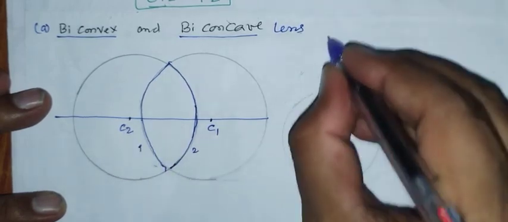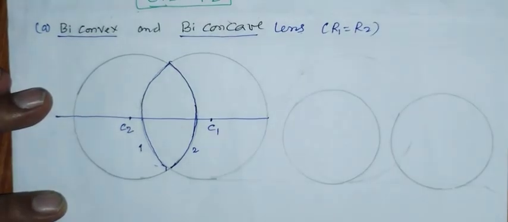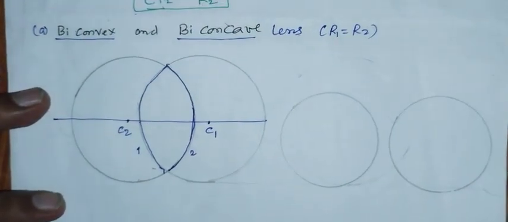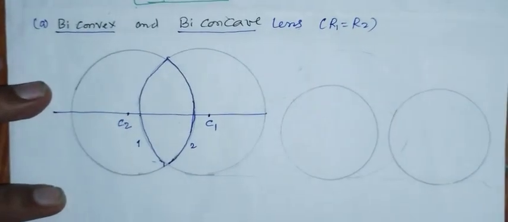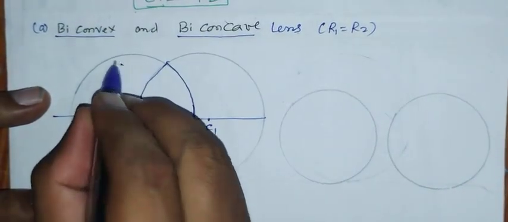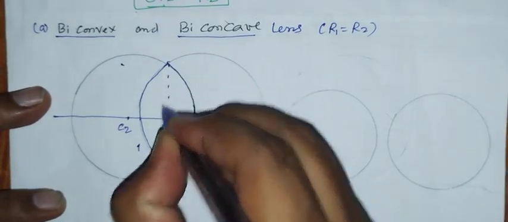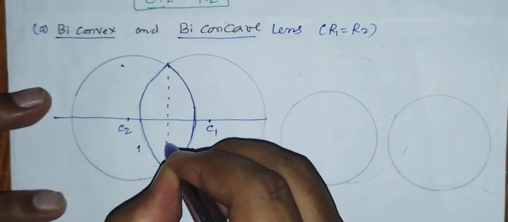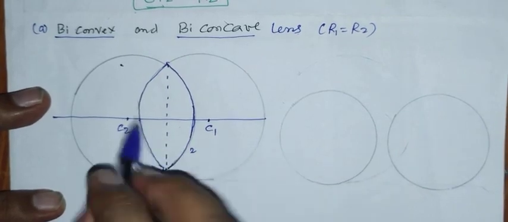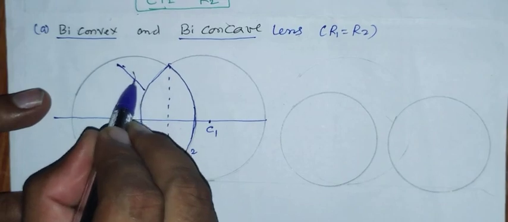If the radii of curvature here in this case, R1 is equal to R2 in case of a biconvex lens, then see how it takes place. Let this be the incident ray. First of all, see this incident ray.